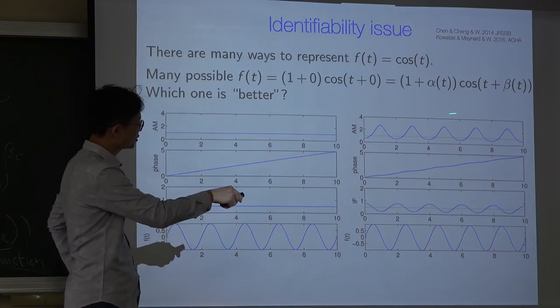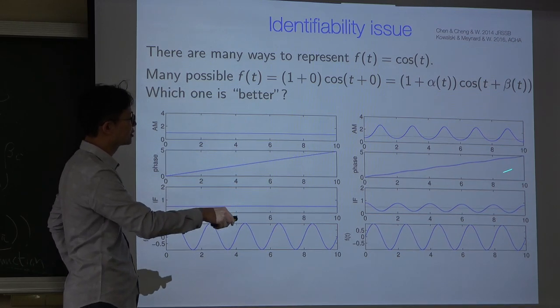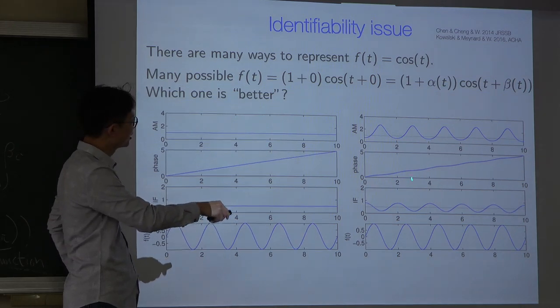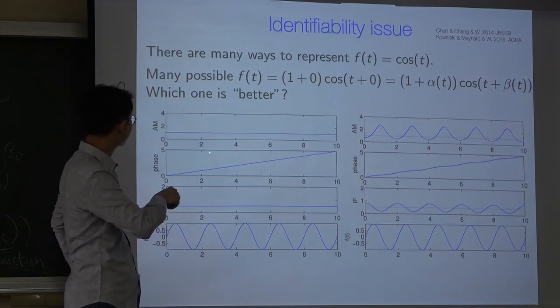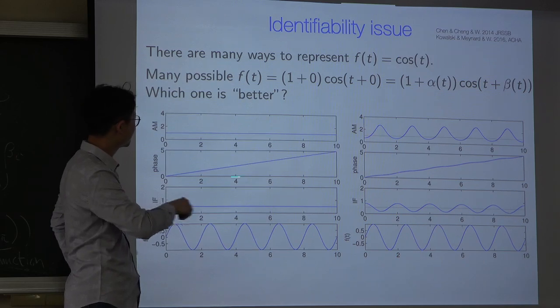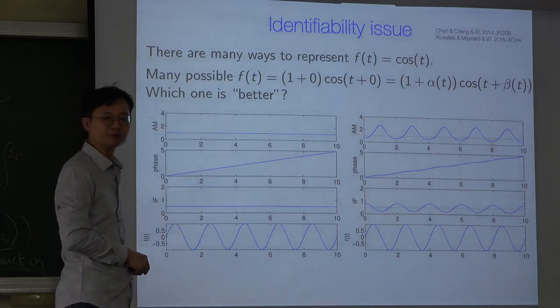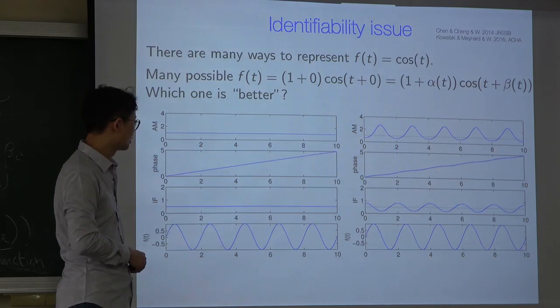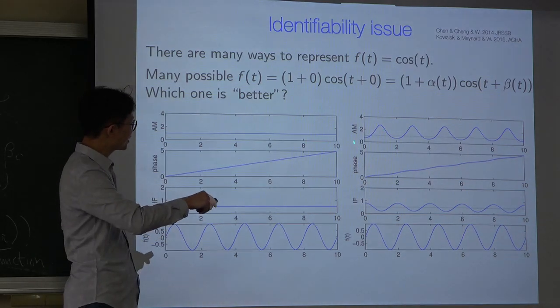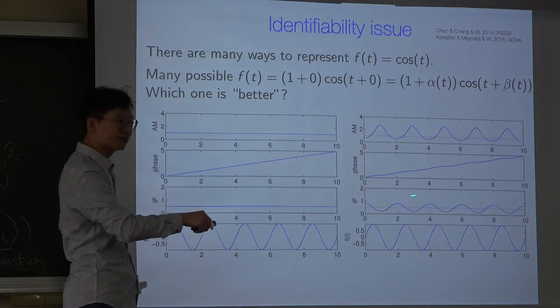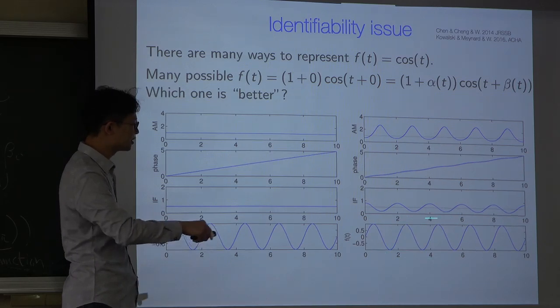So the amplitude modulation looks like this, and the phase looks like this. But these two are very different from the original 1 and t that I believe we all agree upon. Yet if you take this amplitude and this phase, you can reconstruct exactly the same cosine function.